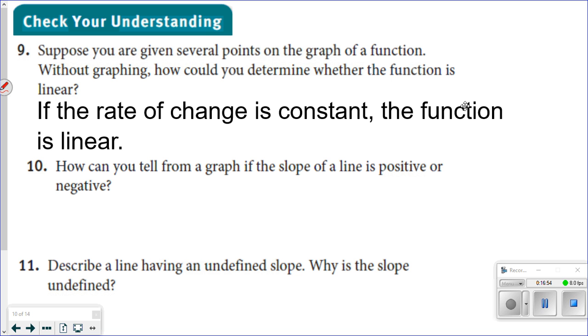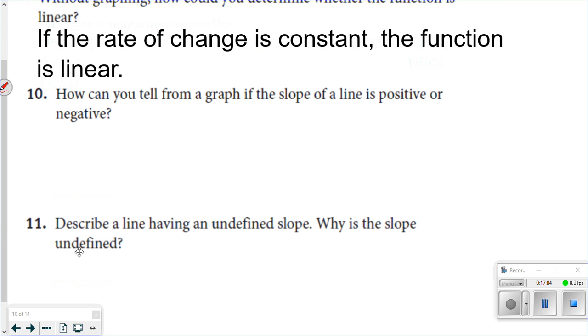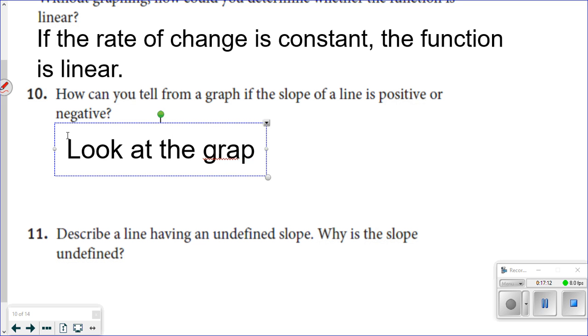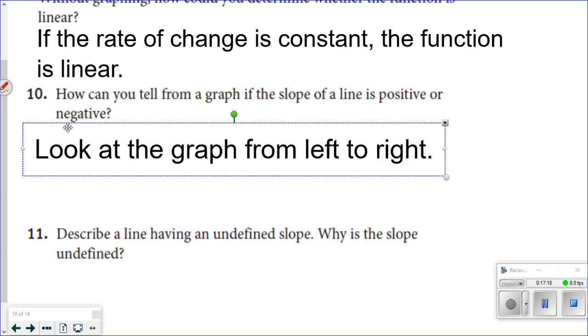How can you tell from a graph if the slope of a line is positive or negative? Well, first, remember, make sure you are looking from left to right, just like you read the sentence.